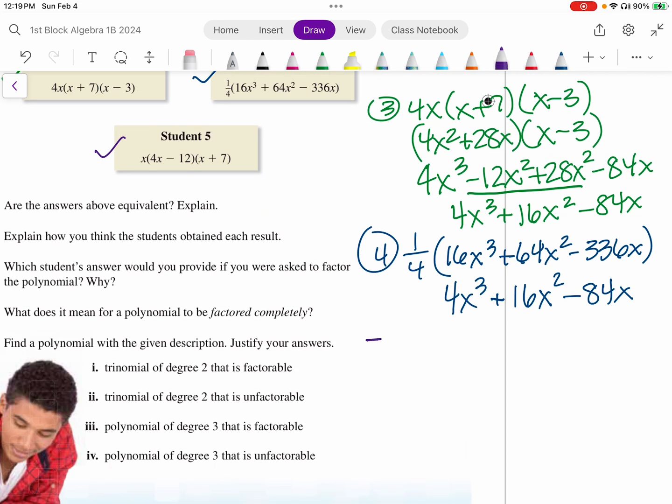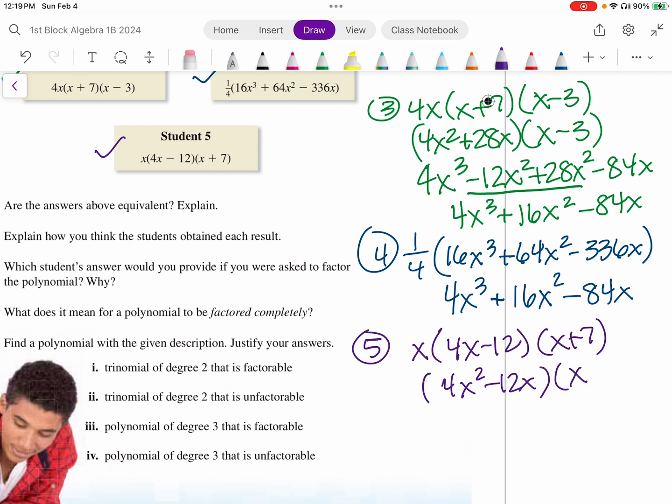Finally, student 5, x times 4x minus 12 times x plus 7. X times 4x, 4x squared. X times negative 12, negative 12x. Times x plus 7. 4x squared times x, 4x to the third. 4x squared times 7 is plus 28x squared.